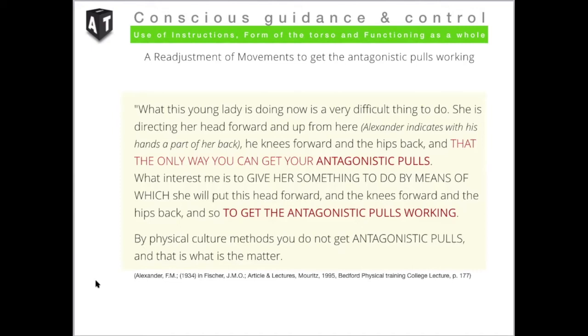She's directing her head forward and up from here. Alexander indicates with his hand a part of her back. Knees forward and the hips back. And that is the only way you can get your antagonistic pulls.